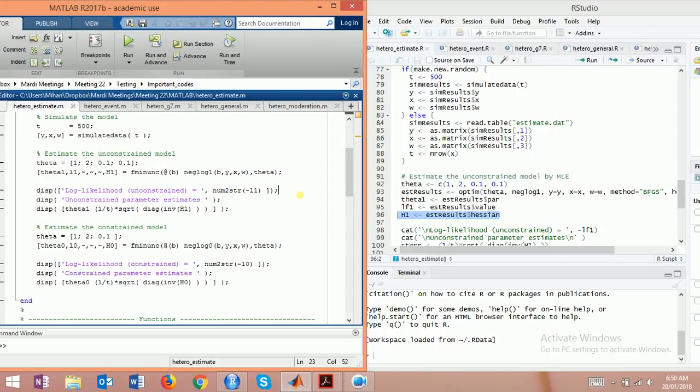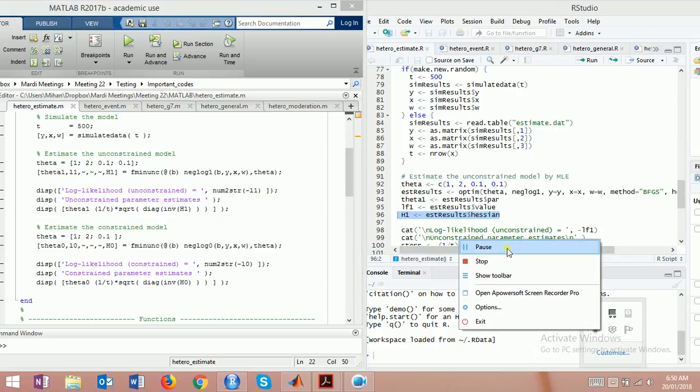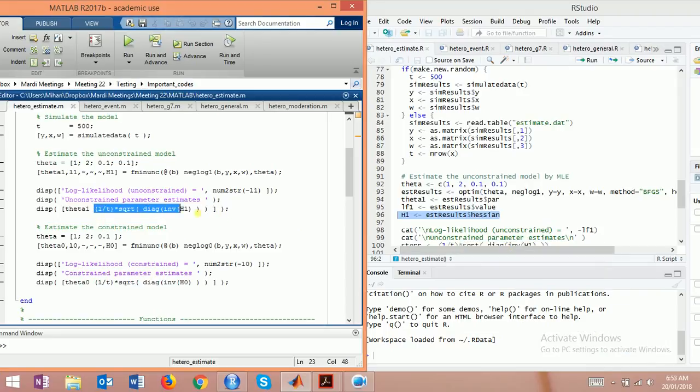So for the log-likelihood unconstrained parameter estimates, we have theta 1, the estimated parameters, and also the square root of the diagonal of the inverse of the Hessian, which gives us the standard errors.